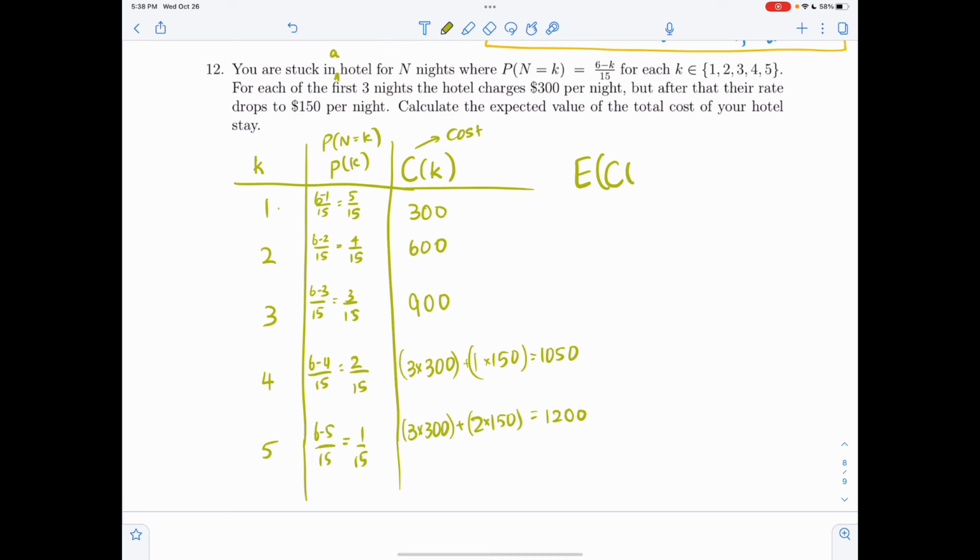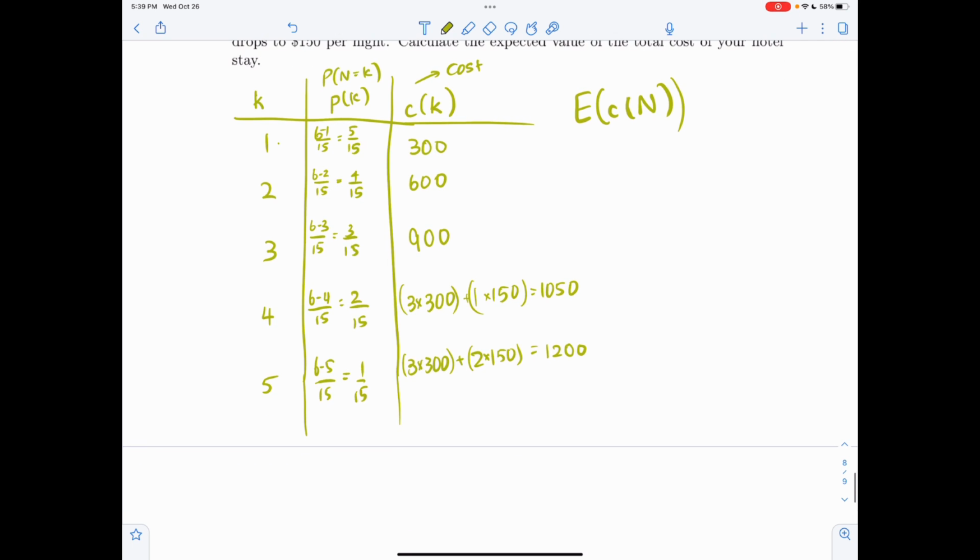Okay, so now what is the expected value of the cost? Cost is a function of the number of nights. It's a fixed function. It's not a random function. I mean, in the end, you could call this whole thing the random variable capital C, but this little c function is fixed.